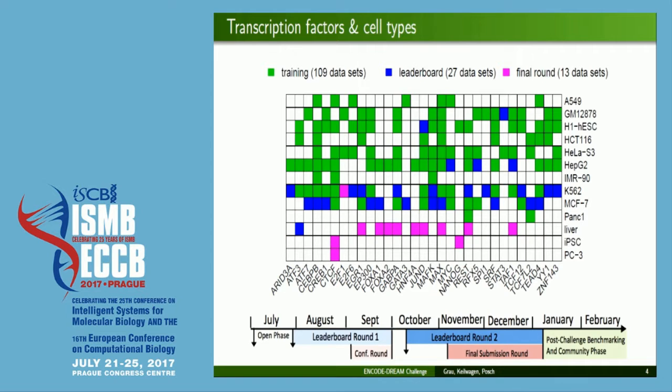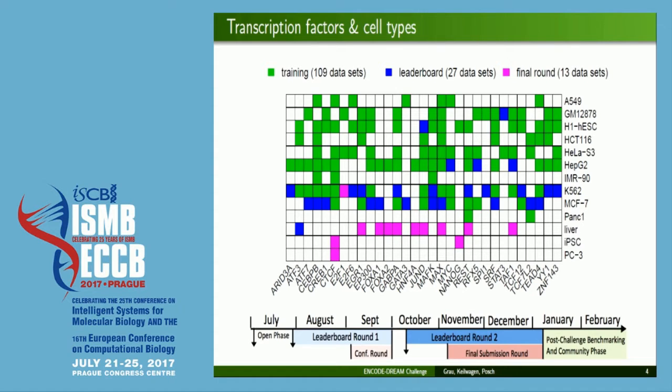And this is an overview of all the cell types and transcription factors we were using. We had 109 training combinations of cell types and transcription factors. We had a few that we could query in a leaderboard round to get an impression of the performance of the current model.